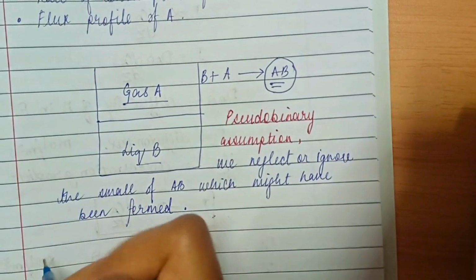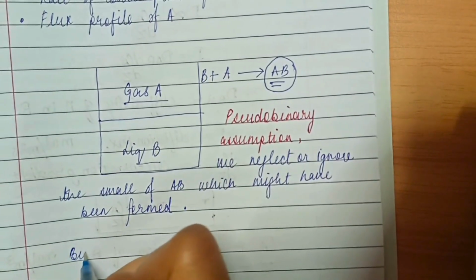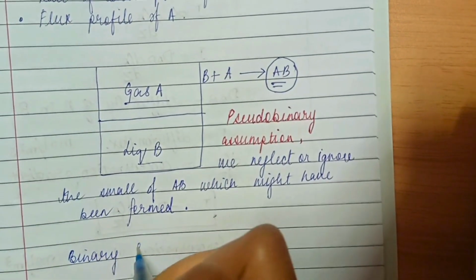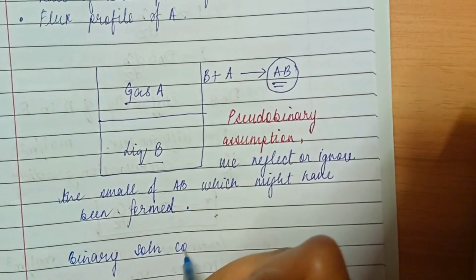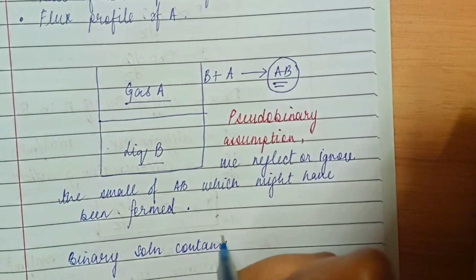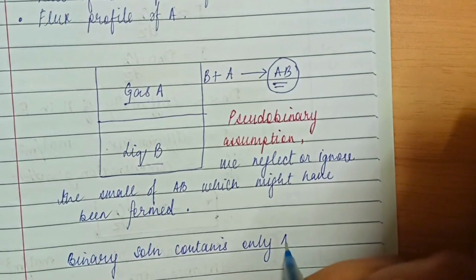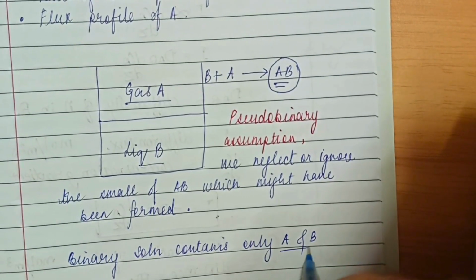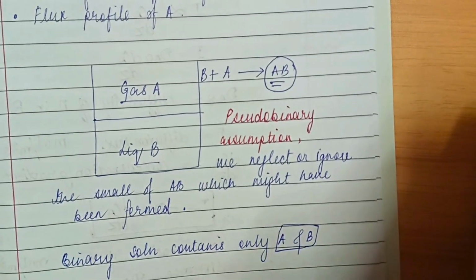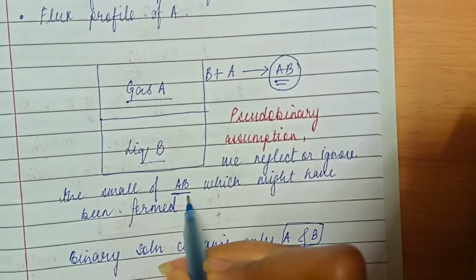Hence, our binary solution contains only A and B because we have neglected the AB component.